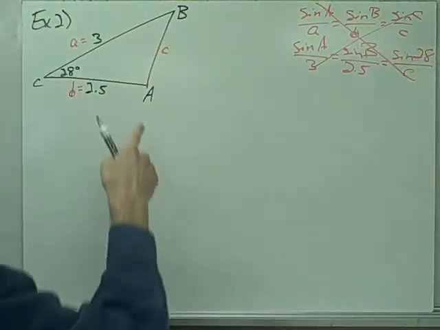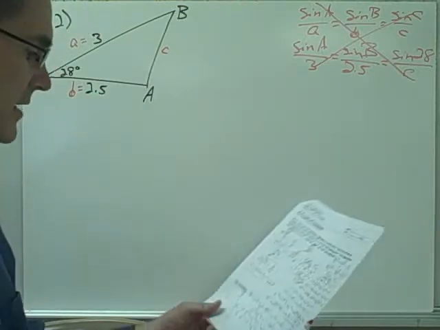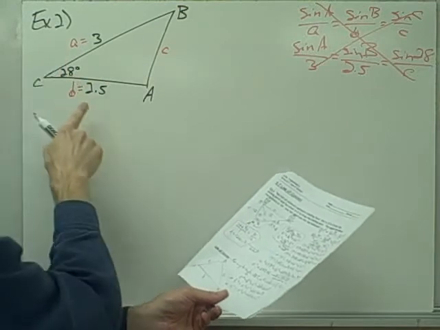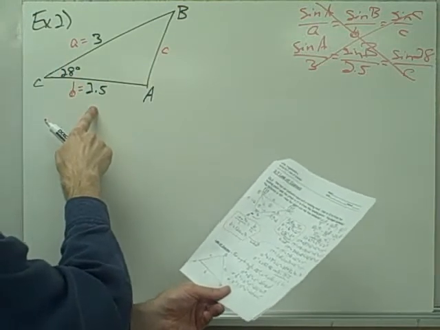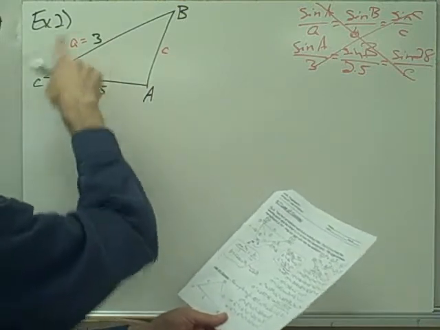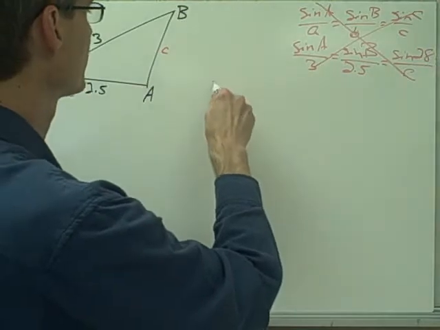Well, okay. Law of cosines, I've got a form of the law of cosines that says c squared equals a squared plus b squared minus 2 times a times b times the cosine of c. So I have all the information I need to use the law of cosines to solve for c. So let's use that one.